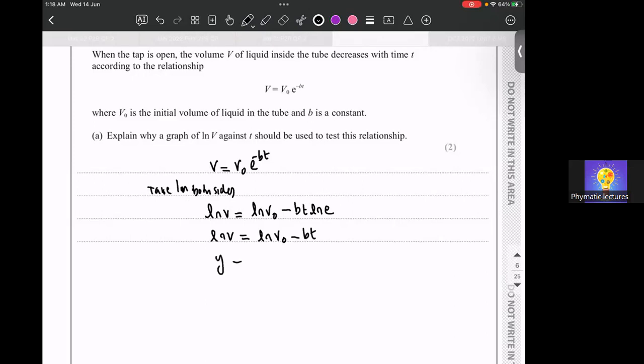So this is in the form of y = mx + c. If you compare the coefficient of t, that is the gradient. So the gradient is equal to -B.